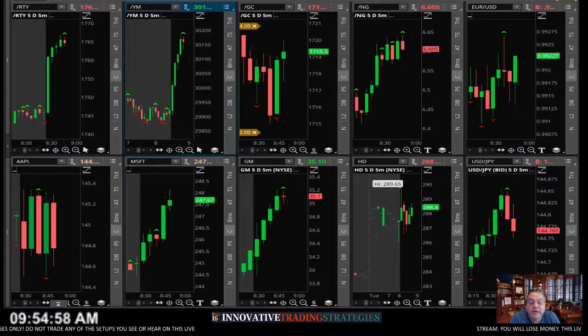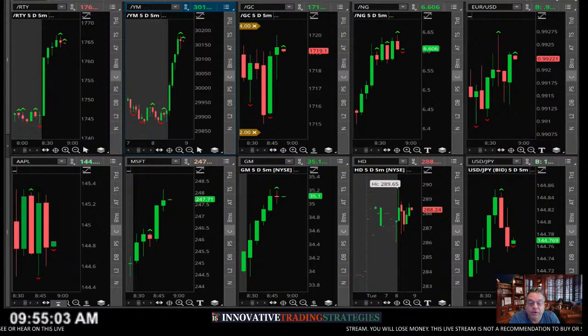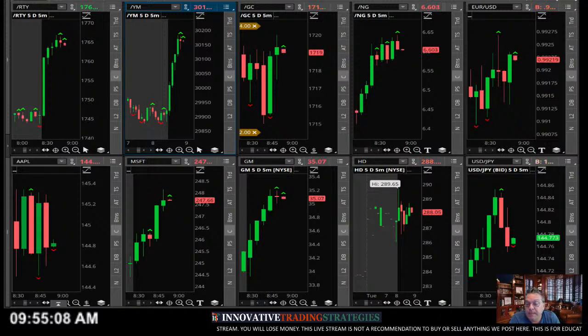No go on the yen, getting out of the yen. You could have scalped it and gotten out a little bit earlier, but no go on that trade on the US yen. Still on gold.